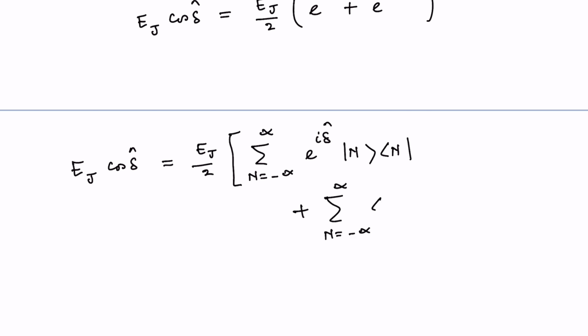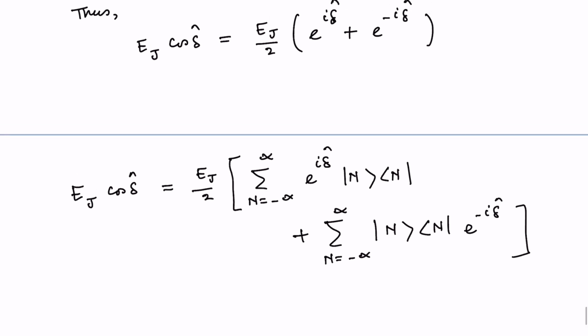I can here have, this is your ket n, just an identity I am putting, ket n, e to the power minus i delta cap. Here actually I am doing nothing, just try to understand. Here I am putting one identity operator and here I am putting another identity operator, and this is a trick worth attempting, and this is what I have done here.